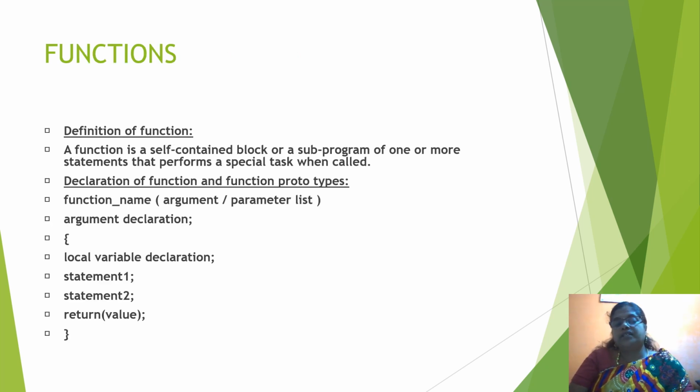Next, we see the definition of a function. A function is a self-contained block or a subprogram of one or more statements that performs a special task when called. Declaration of a function and function prototypes: function name, argument or parameter list, argument declaration that contains local variable declaration, statement 1, statement 2 and return value.